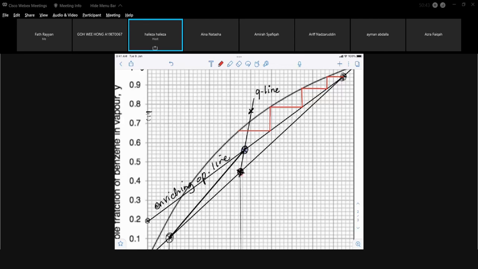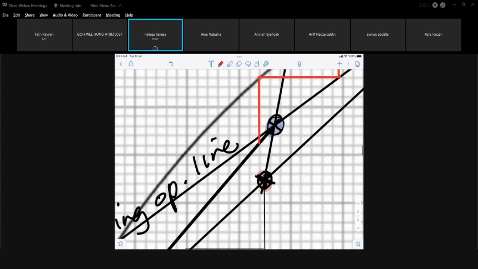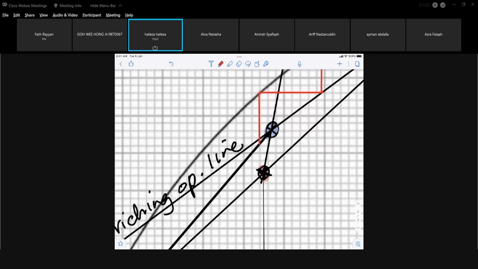So now I will drop my vertical line to the stripping line, not to the enriching line. I do not stop on the first line earlier. Now I go towards the stripping line.